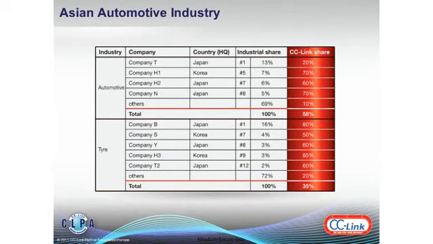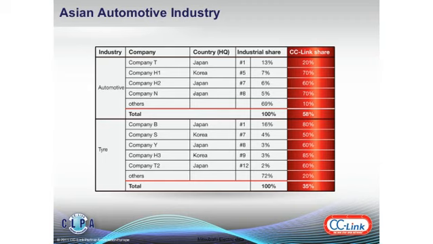Let's consider another example. Obviously the Asian automotive industry has become very successful on a global basis, and again they are very large users of the CC-Link technology. So once again this chart shows the different levels of uptake that this industry has taken with CC-Link, and as we can see, again, there's very significant levels of usage of CC-Link in the industry.